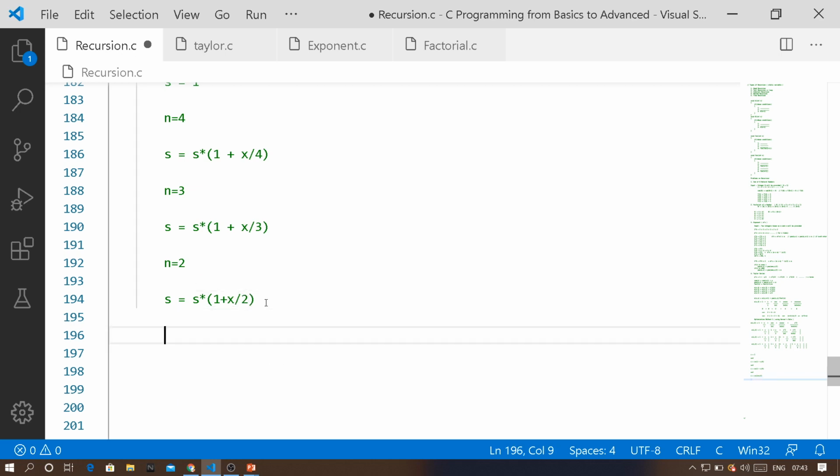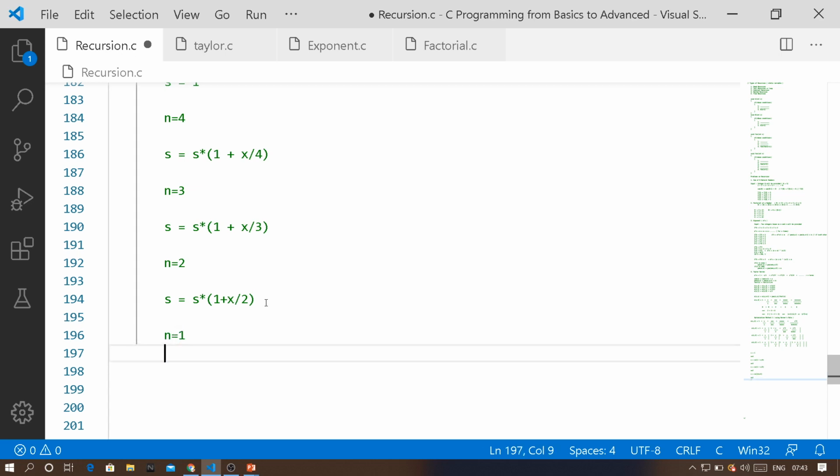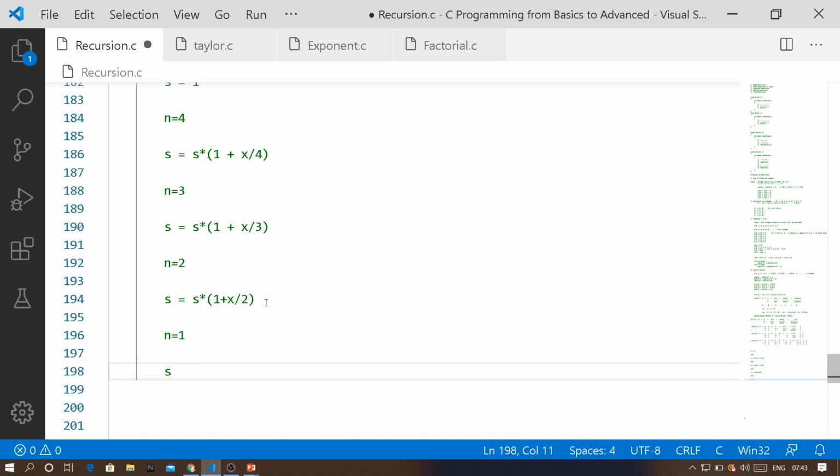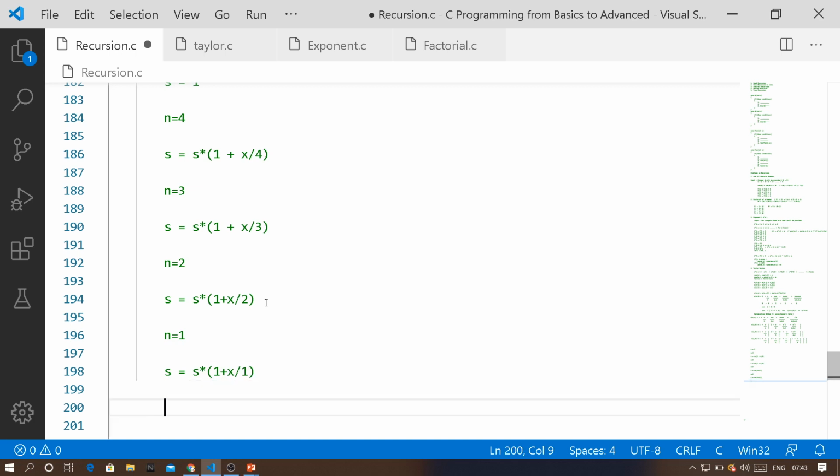After doing this process, we reduce our n value to 1, and then we do the same process. s is equal to s multiplied by 1 plus x divided by 1, where 1 is the present value of n. Now when we again reduce, n is equal to 0, what will happen?